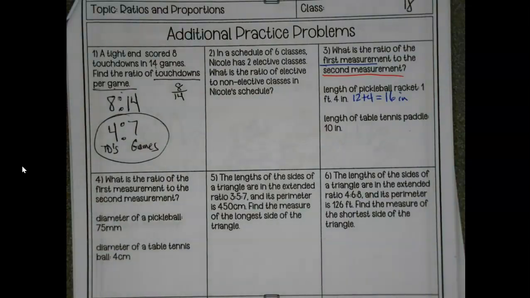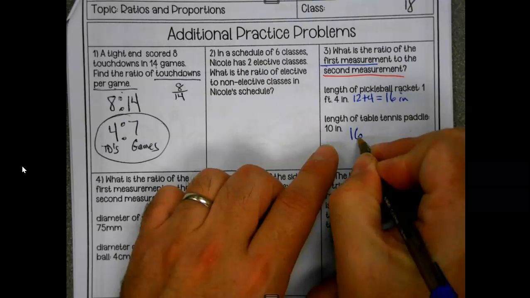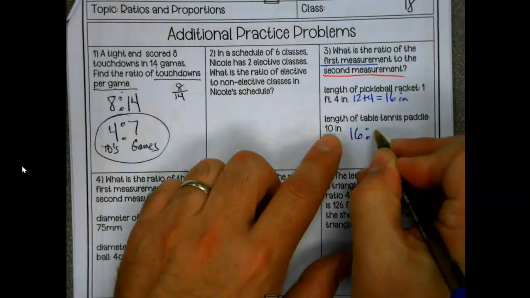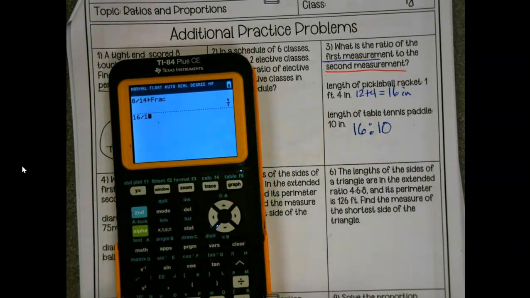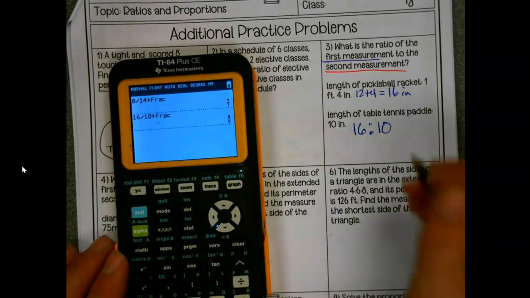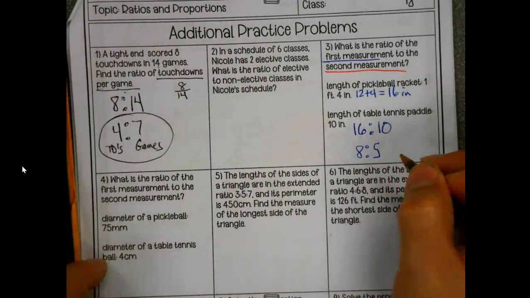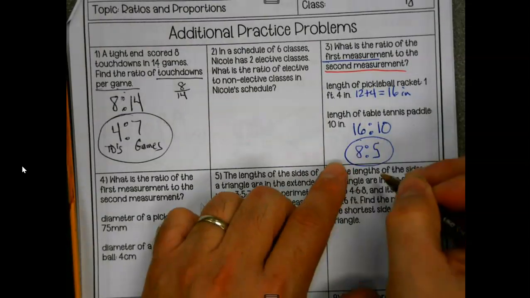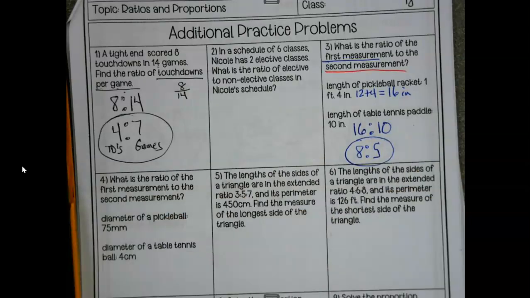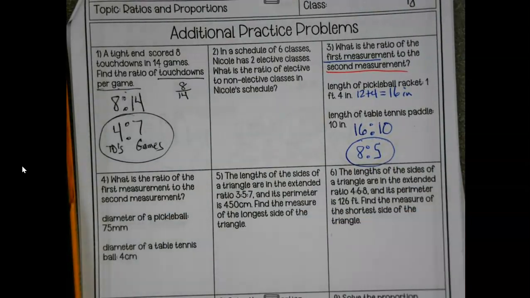because we got to be in the same measurement if we're going to do a ratio. So once I have that, it's not as bad, because now I'm like, okay, so the first measurement is 16 inches. The second one is already totally in inches. That's 10. And then again, since everything is in inches, if you were going to label, you could be like pickleball racket to table tennis paddle.